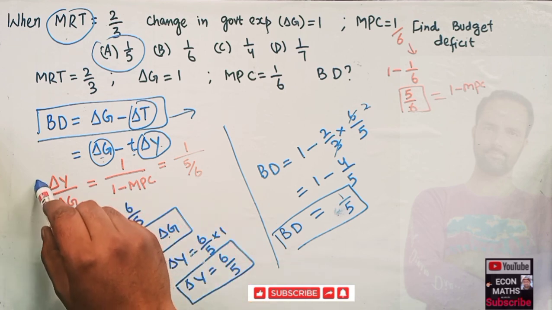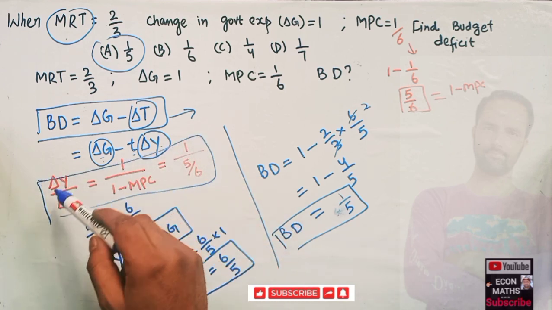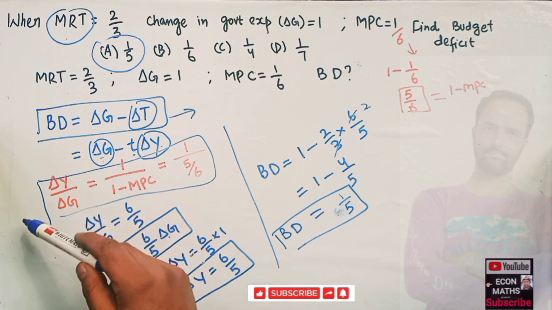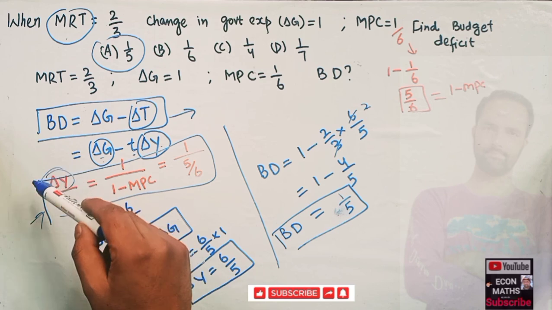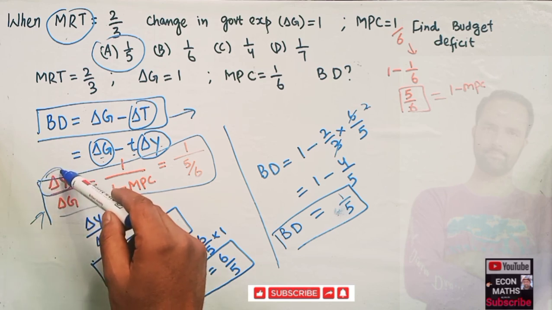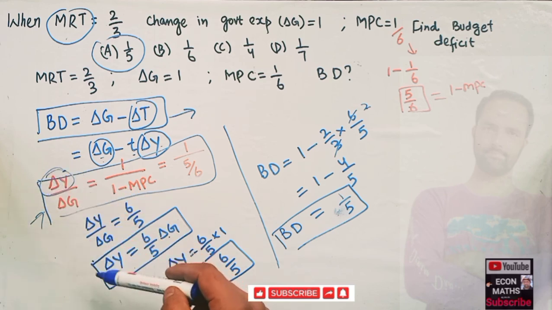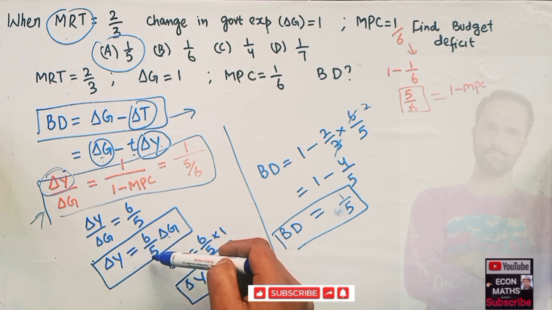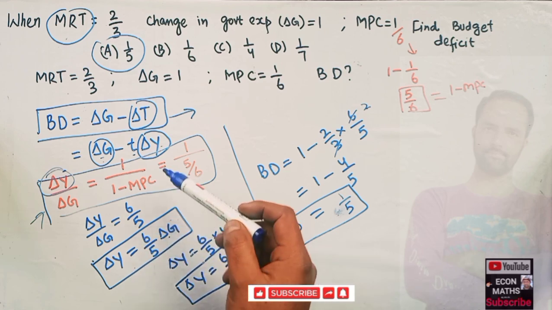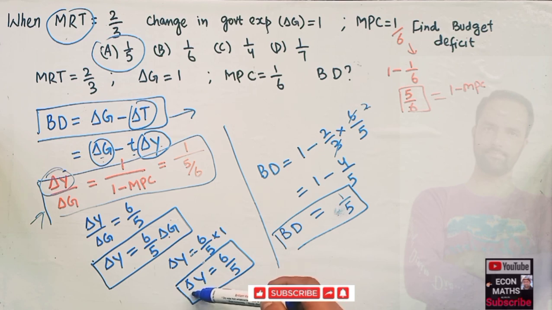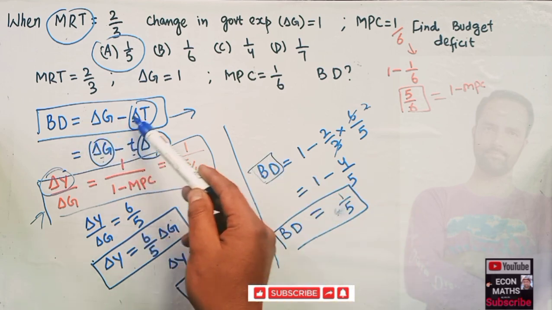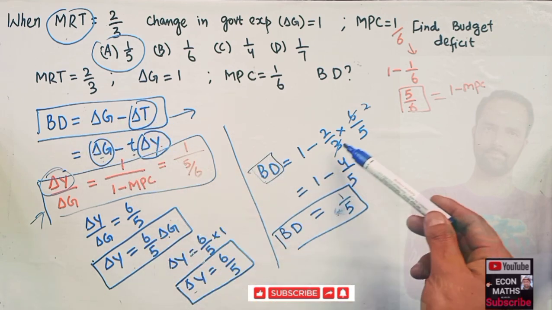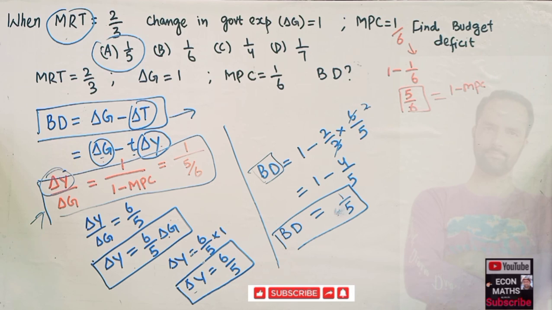After that, we need to use the government expenditure multiplier to get the value of this delta Y. When we solve it, delta Y came out to be 6 upon 5 into delta G. The value of delta G we know is equal to 1, so our delta Y was 6 upon 5. After that, we used this budget deficit formula and we got the value of our budget deficit. Thank you.